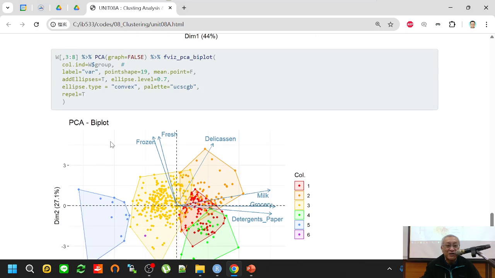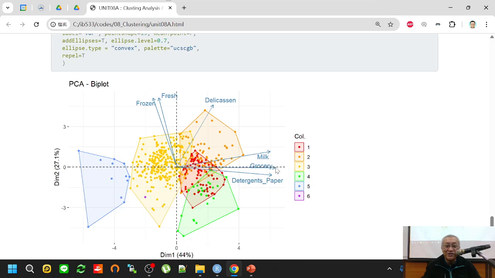For example, I specify that the color of the individuals depends on this group. Because we already clustered them into 6 groups, right? So the color of the individual points will depend on the group. And also I want to put labels on the variable names. Okay, so these are the 6 variables.